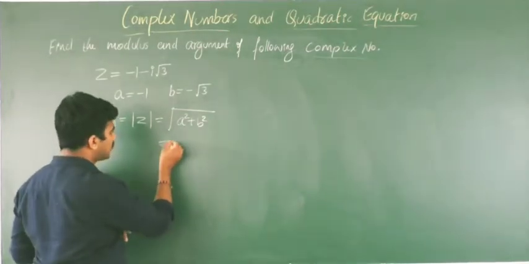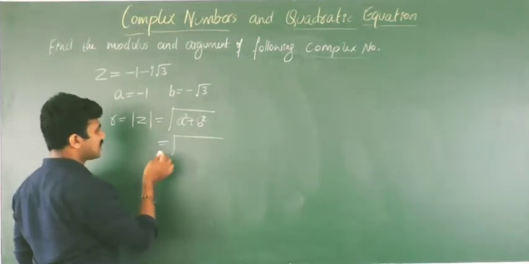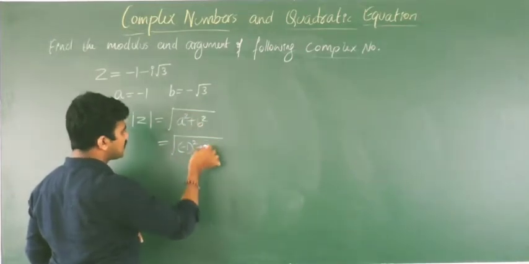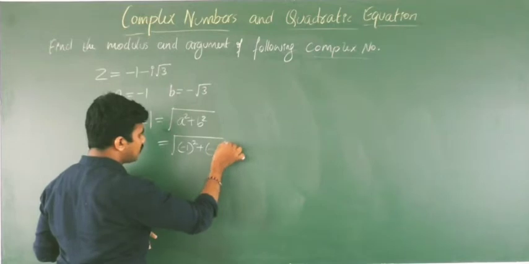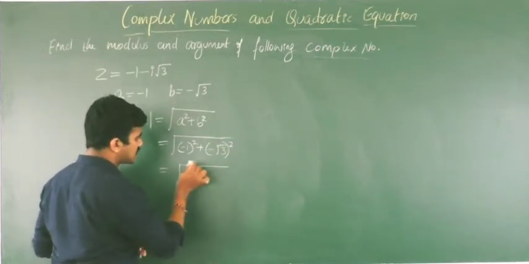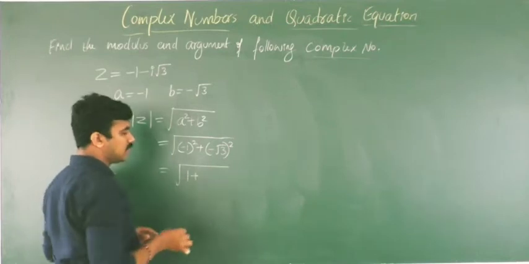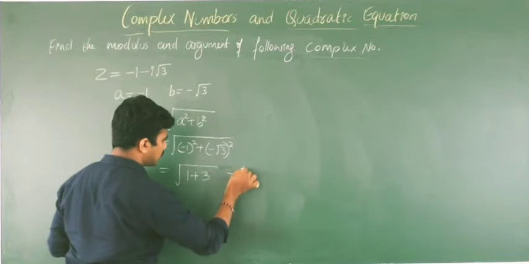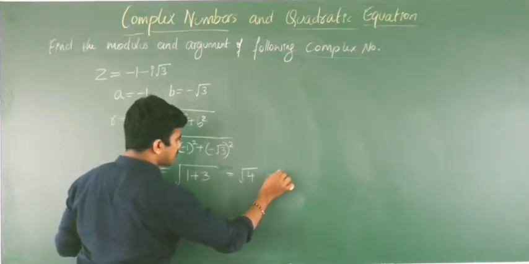Here it is minus 1 whole square plus minus root 3 whole square, which is 1 plus 3, that is 4, and the square root is 2.